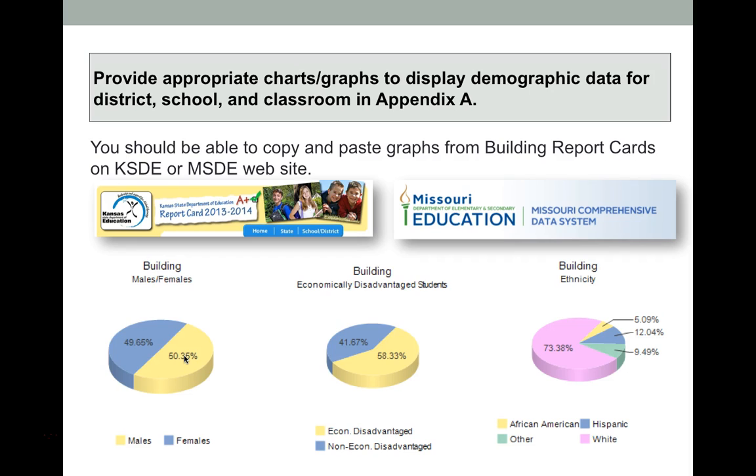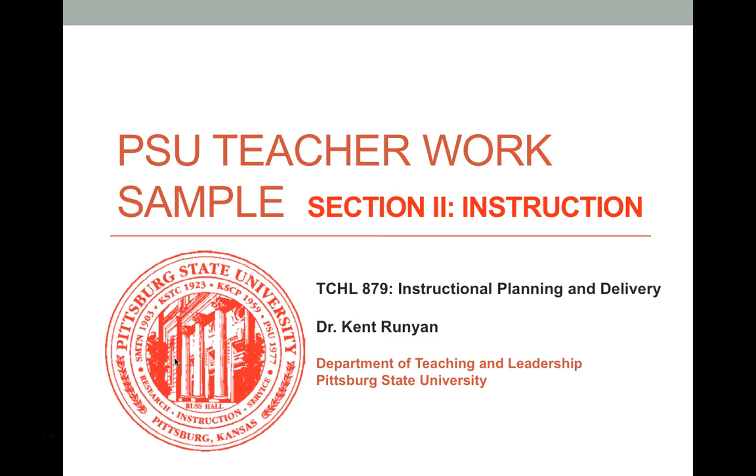If you don't have a classroom, not teaching yet, we're going to have you choose a school that interests you, that maybe you went to or is down the road from you, and then make up a class so that we give you all the data of how they did and what they are comprised of. So that is section 1, the contextual factors. Next, we'll look at the second section, the instructional planning. So I'll see you in that section.